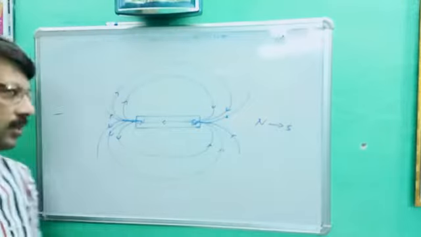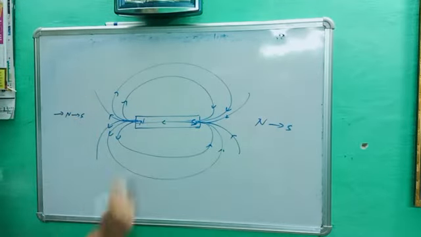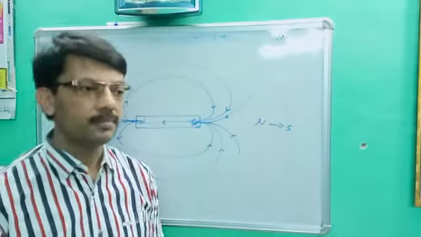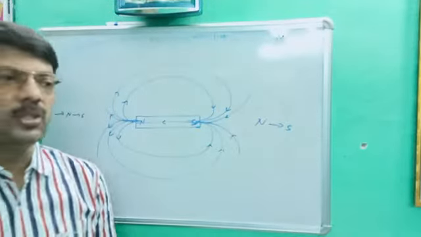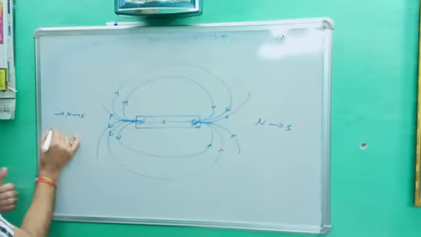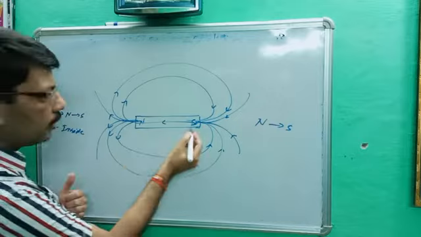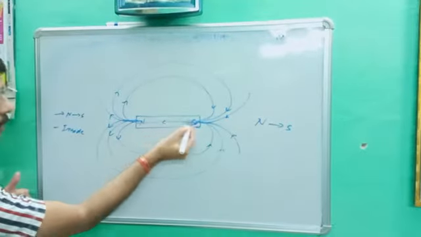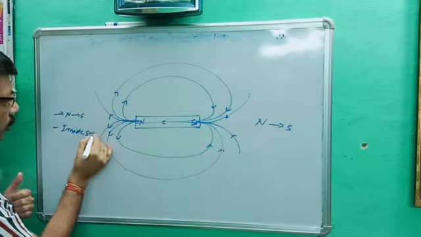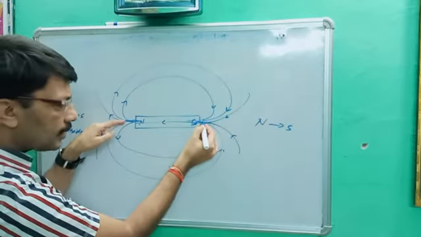Write one by one. First, magnetic lines of force move from north to south. First point. Second point. Inside the bar magnet, they move from south to north. It means outside north to south, and inside south to north.